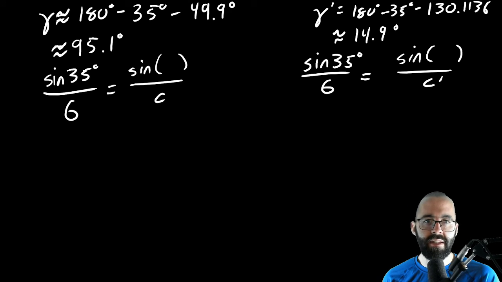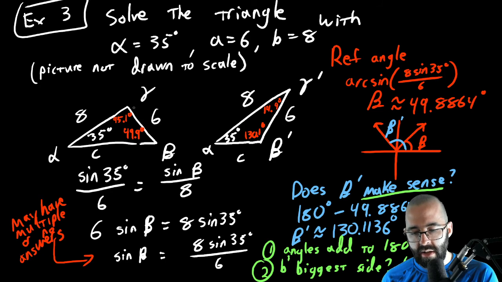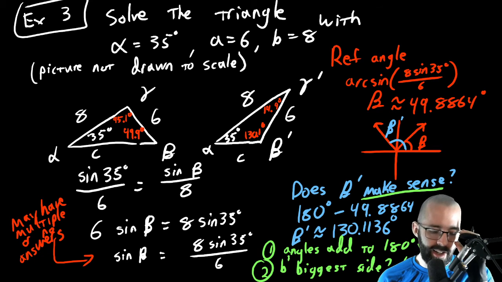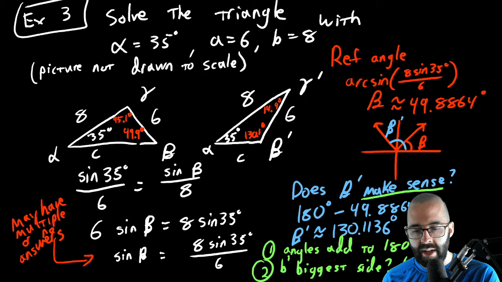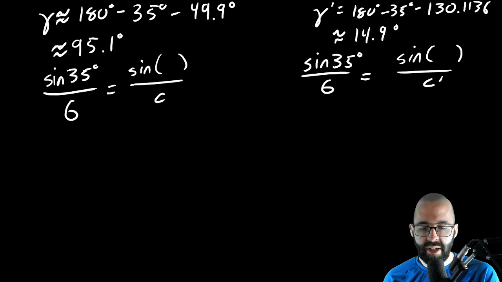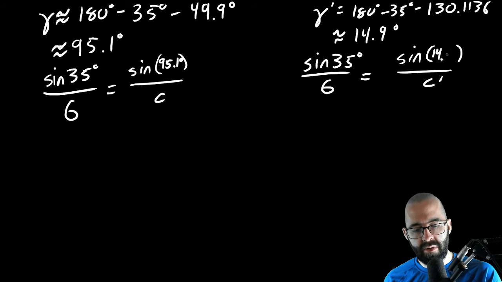We may as well solve these in parallel. We're doing the same thing, just one with gamma prime and one with gamma. Gamma is about 95.1 degrees. We're going to get a little rounding error. It would have been better if we used more decimal places, but I'm not going to force you to do too much. Gamma prime is about 14.9 degrees. Follow the same steps we've been doing.